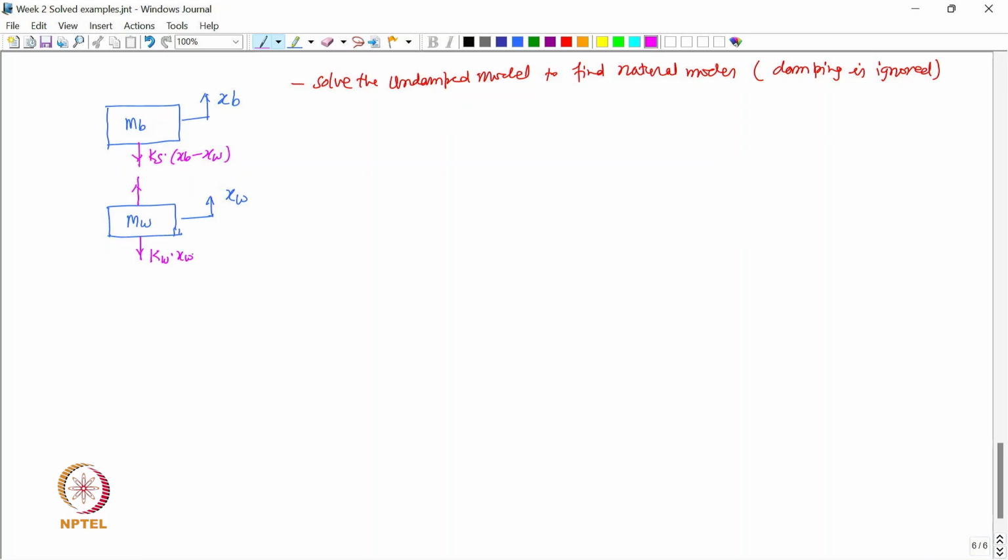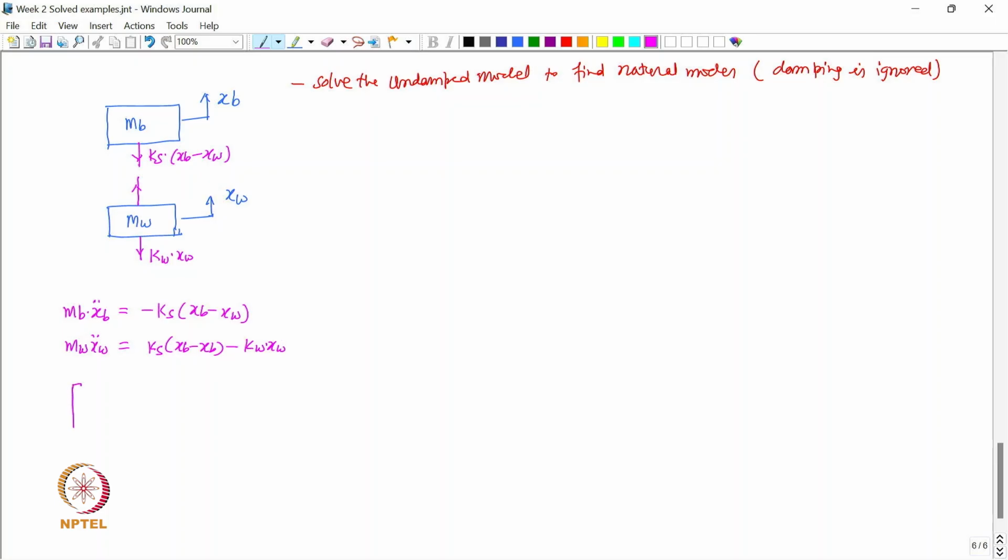Therefore, if you write the equations, mb xb double dot is equal to minus Ks into xb minus xw, and mw xw double dot is equal to Ks into xb minus xw, minus Kw into xw.